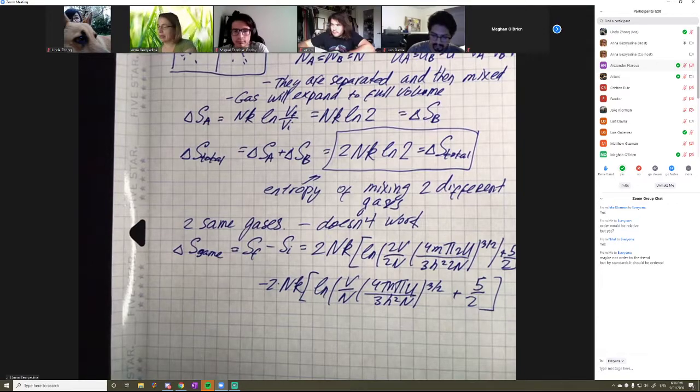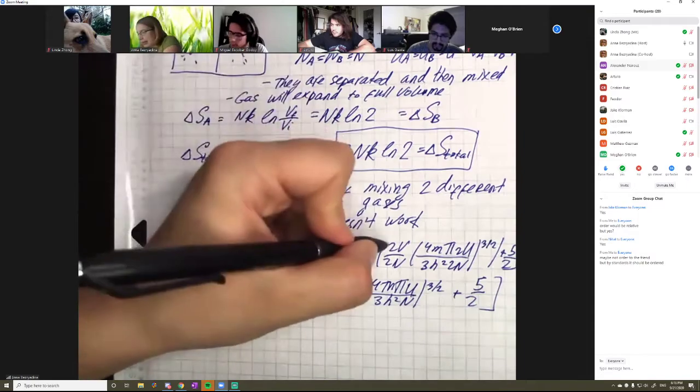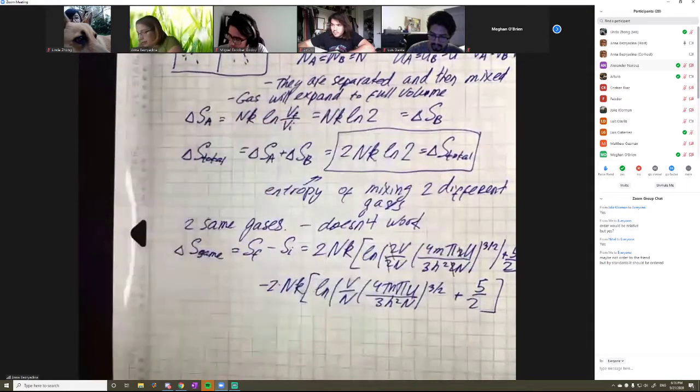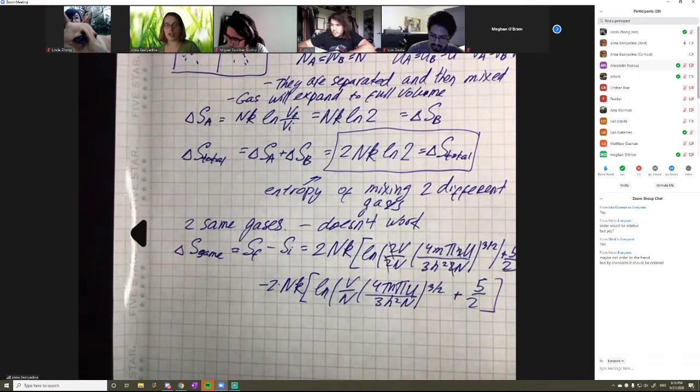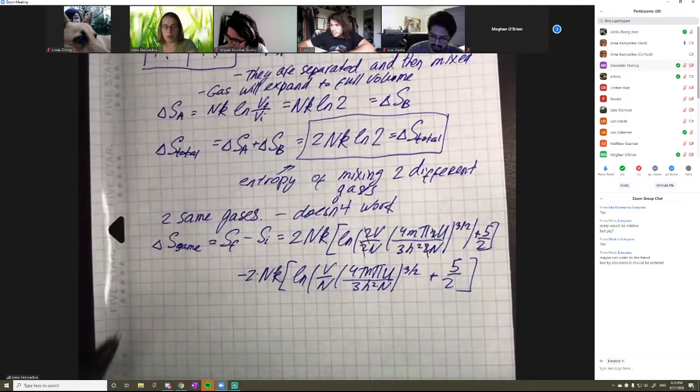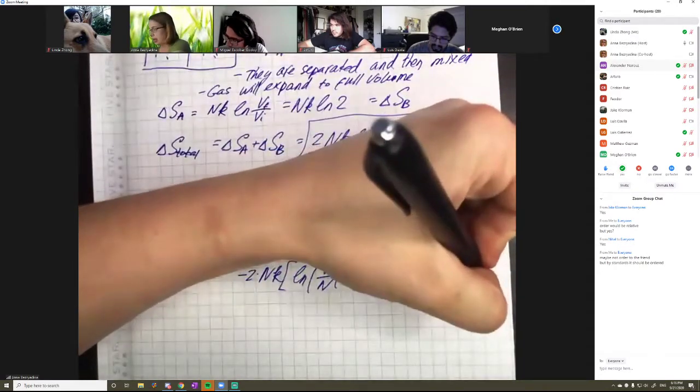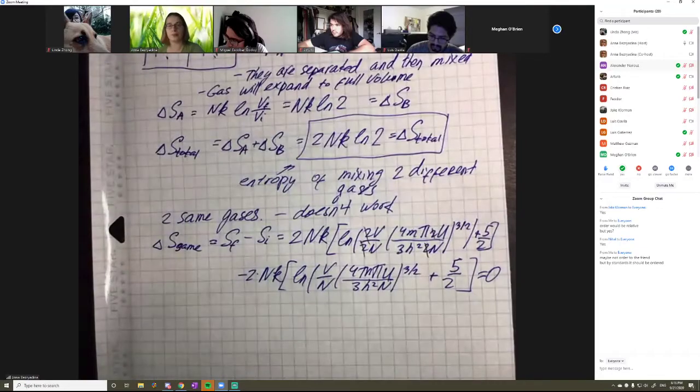And you can see that all our 2's cancel. The equations are identical on the top and the bottom, and final minus initial is equal to 0.